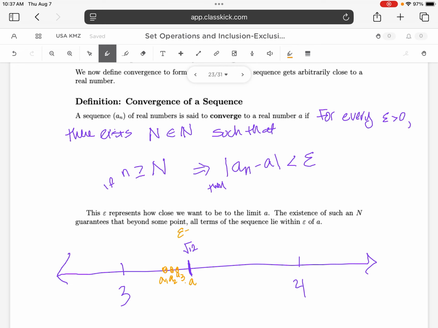So if epsilon is equal to 0.001, I want to say there has to be some index N such that every other element of my sequence is within this target window. It's within 0.001 of the square root of 12. And we'll see in the exercises that we can use this to show that this is actually going to work.